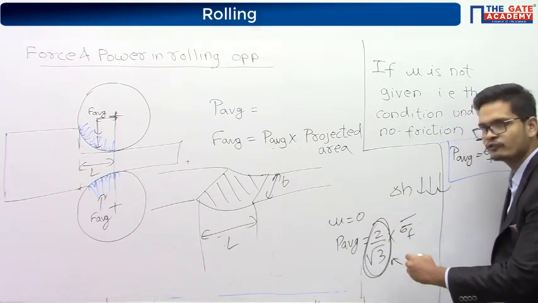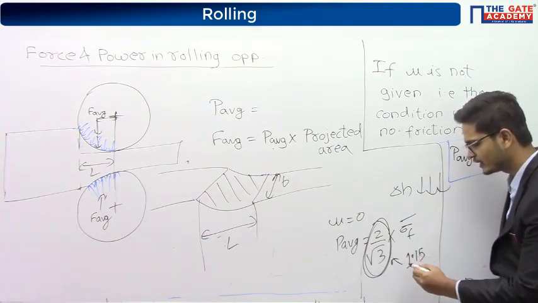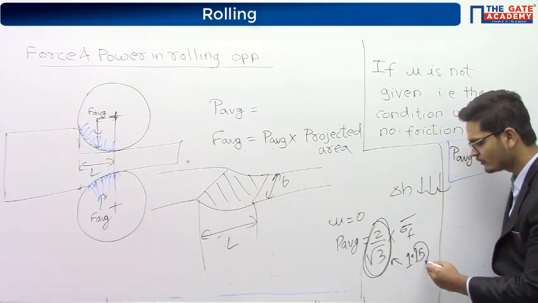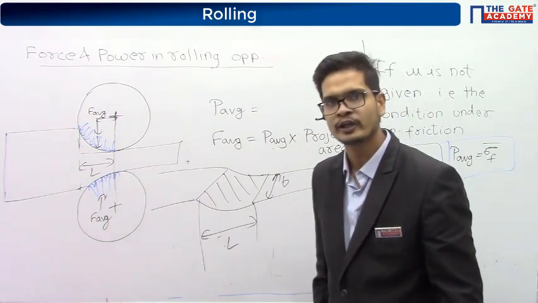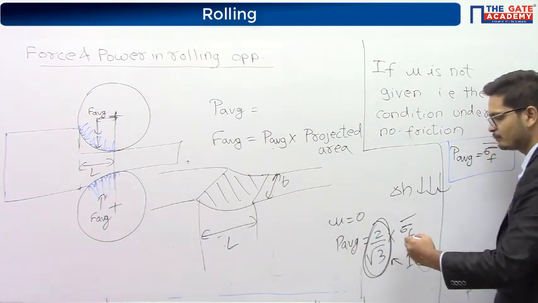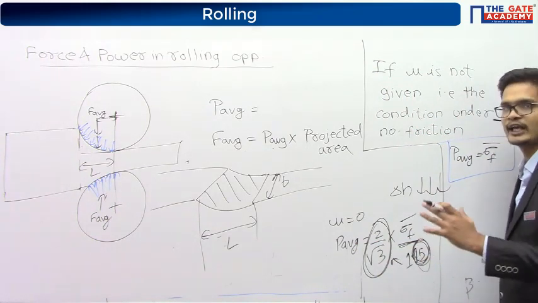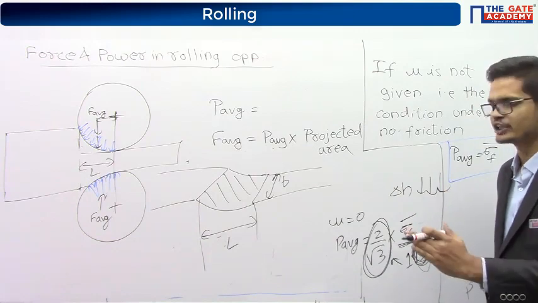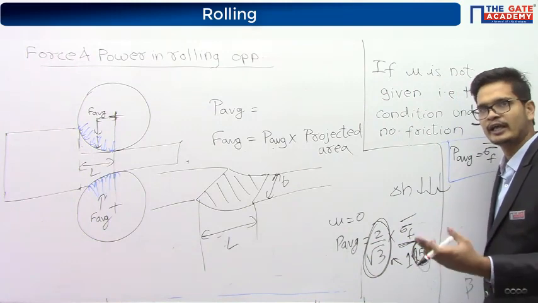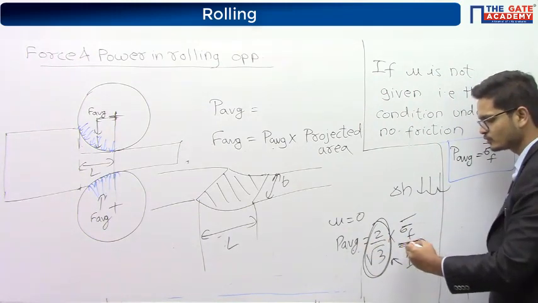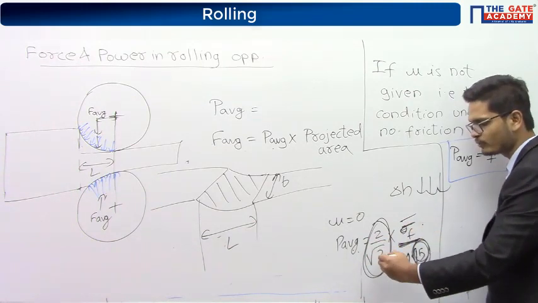If you find the value of 2 by root 3, you get 1.15. This extra 0.15 they have ignored, and simply we get P average equal to sigma F bar. This is what has been established throughout the industry. If you look at any standard book like Kalpakjian or NPTEL, simply you will get P average equal to sigma F bar. So please take this expression, don't take it as 2 by root 3.